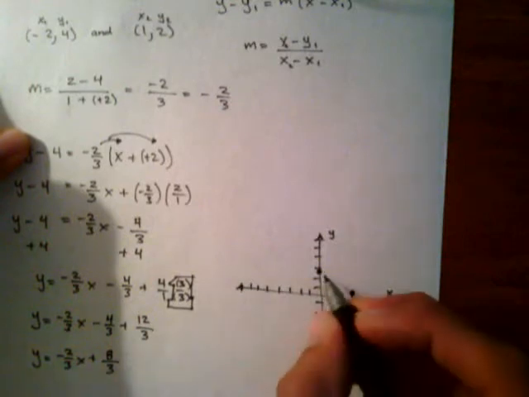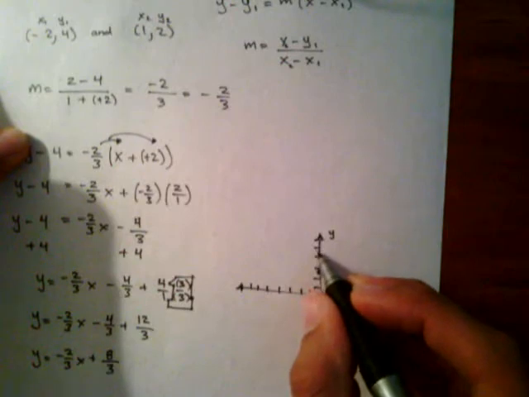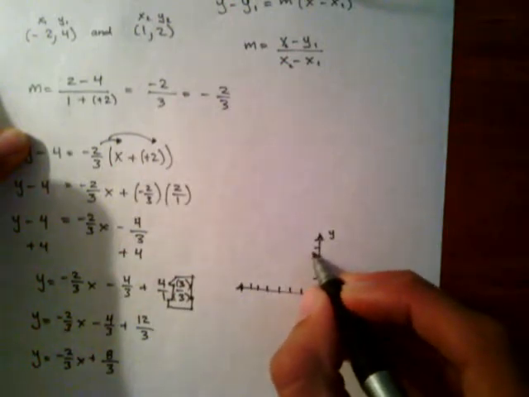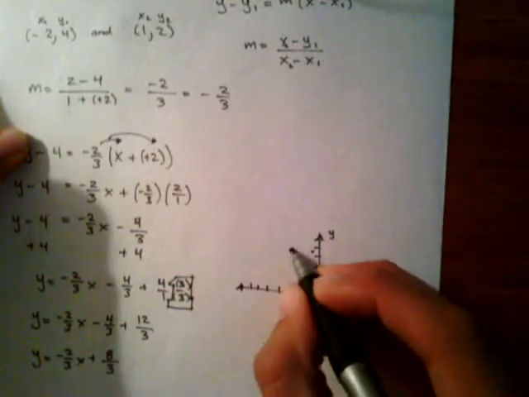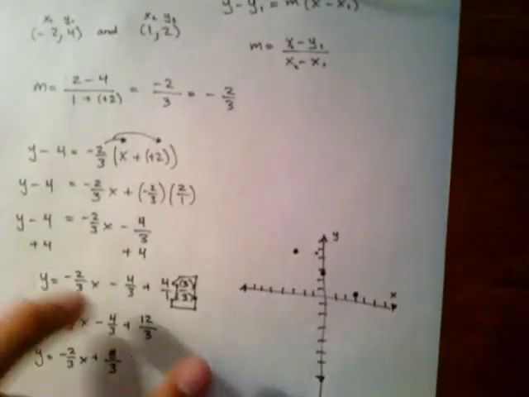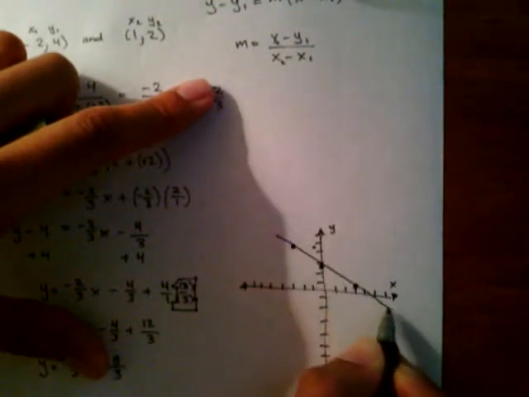And now, starting from the y-intercept again, I'm applying slope. But this time, I'm going to apply it to the bottom, to the run. So instead of going down 2, we're going to go up 2. And now we're going to go to the left 3. So 1, 2, 3. And that's about right there. Now, we can connect our line.